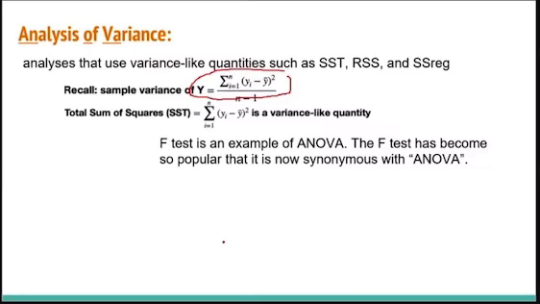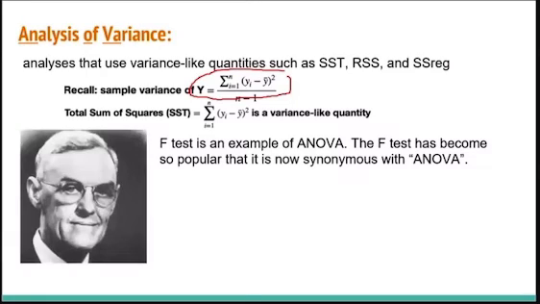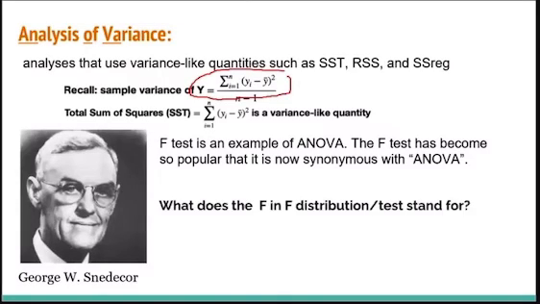And in ANOVA, that is what we are actually talking about. That was actually given by George W. Snedecor. It's very popular today when we want to conduct F tests. Now, what does F in F distribution test stand for?